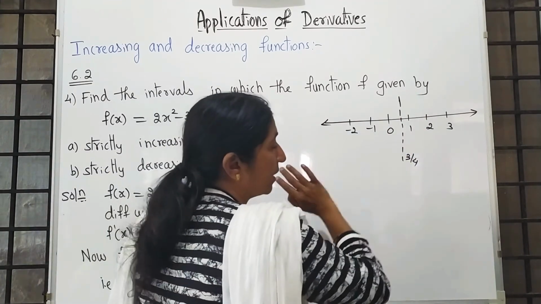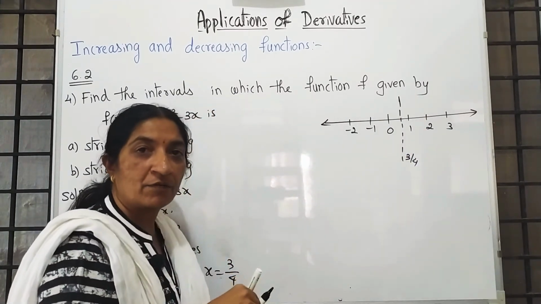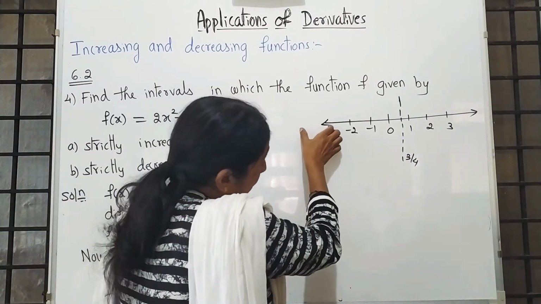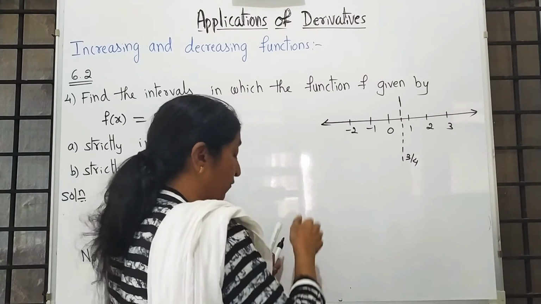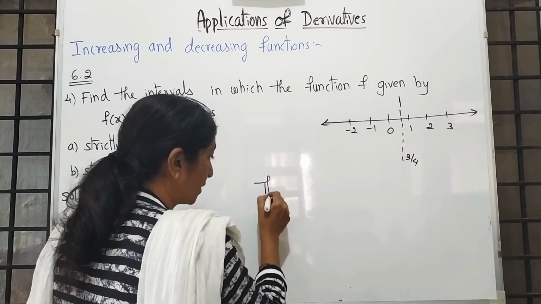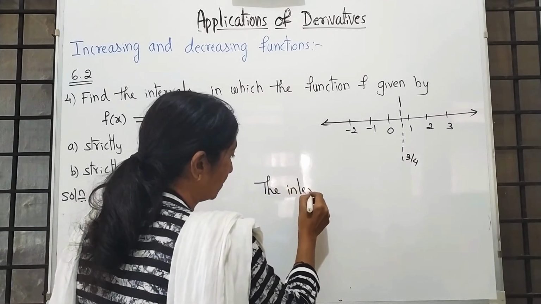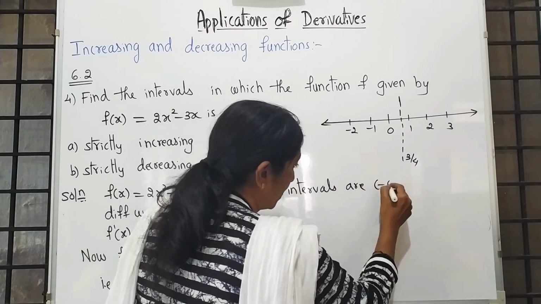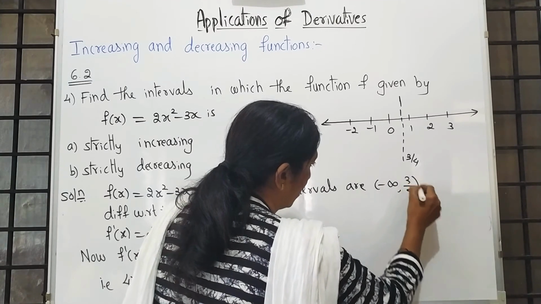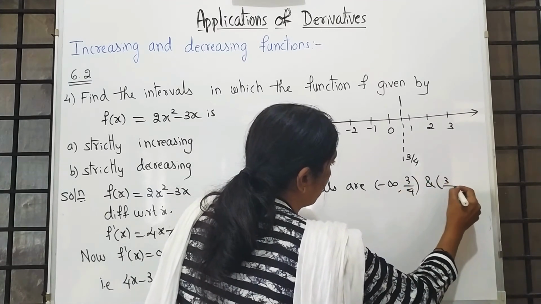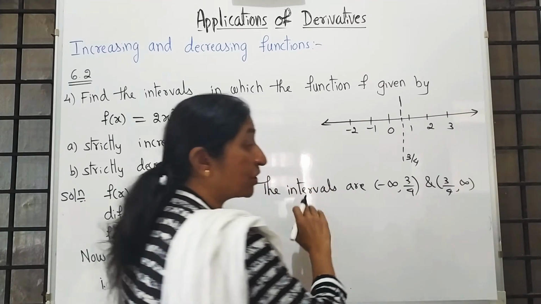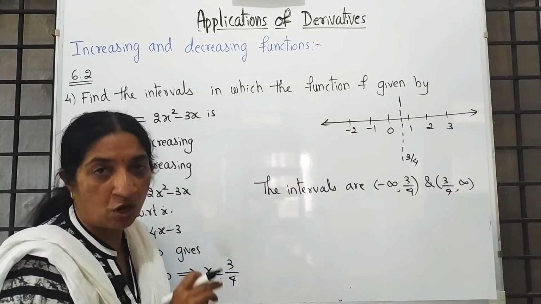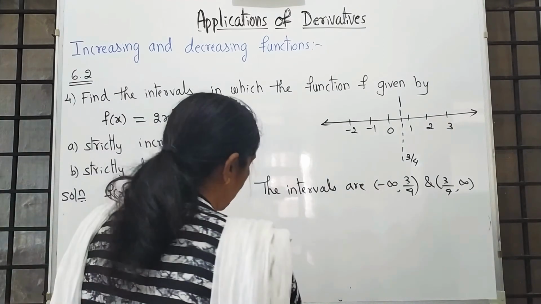Whenever you are writing an interval, we have to move from left to right. So what is the first left value? It is minus infinity. So the intervals are minus infinity to 3 by 4 and 3 by 4 to infinity. We call them disjoint intervals because the elements are not common. We got two intervals.